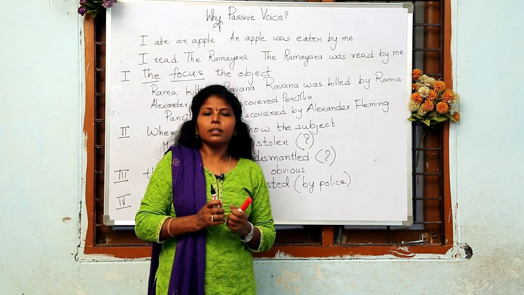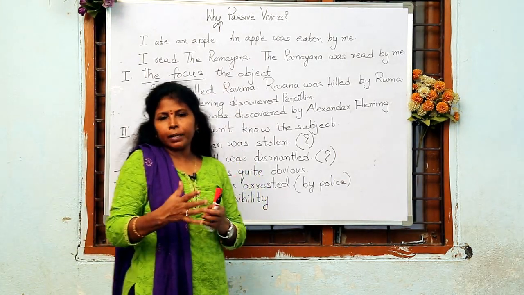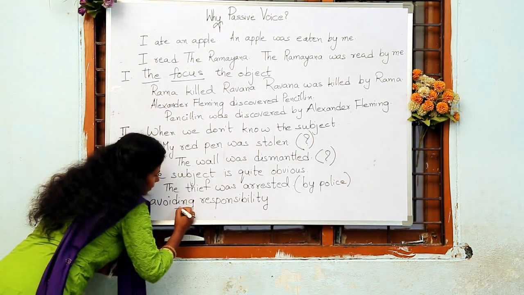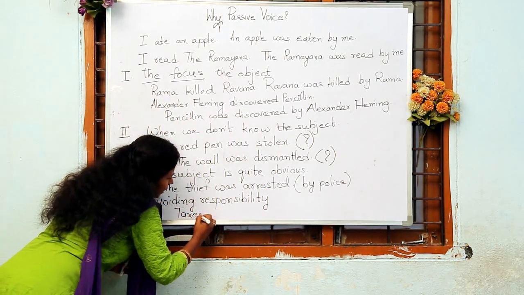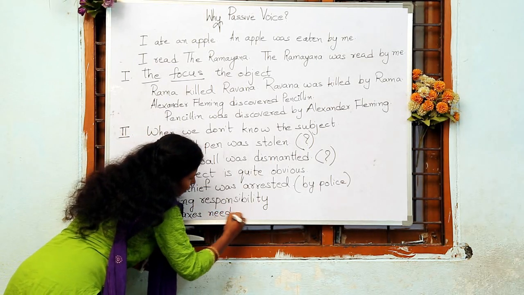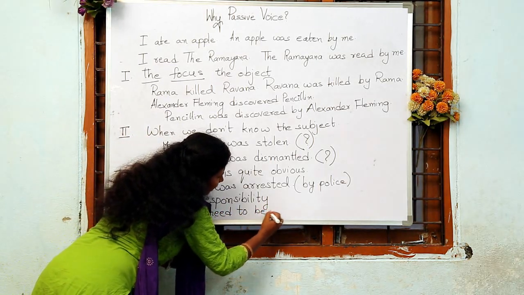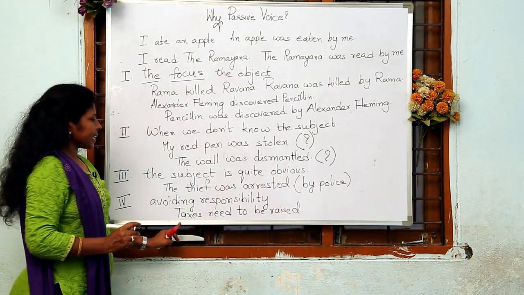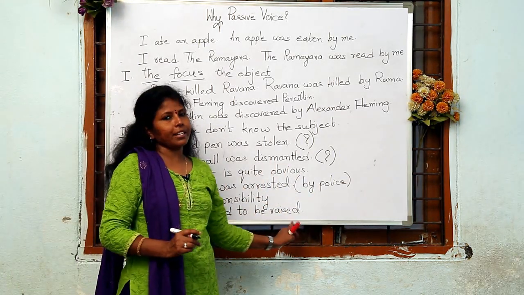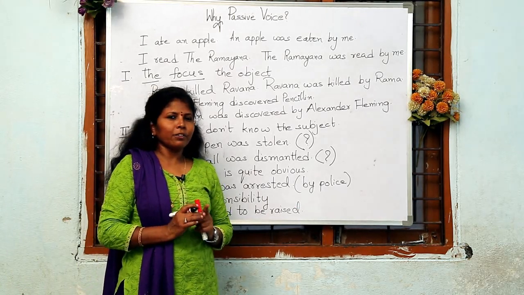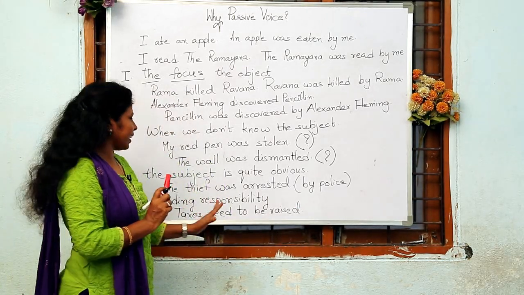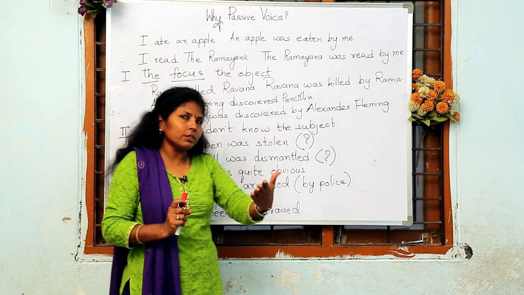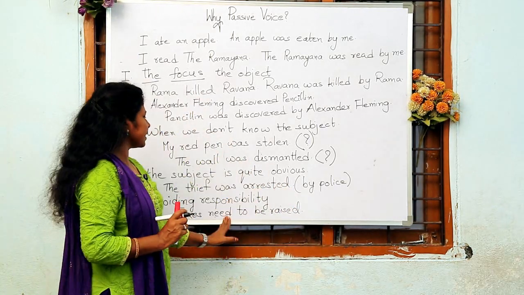For example, taxes need to be paid, or taxes need to be raised, seems more appropriate. We know when the government wants to say that we need to raise taxes, that is not the tone used. The tone is different. Taxes need to be raised.